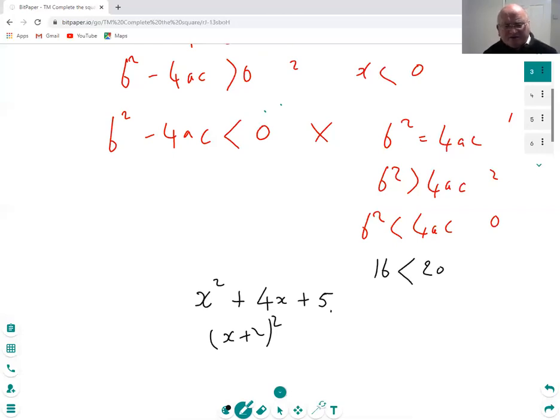So for this one there are no real solutions, I should say, to be complete. But if that number there is 3, then this number here is 12, so 16 is greater than 12, and we do have solutions.